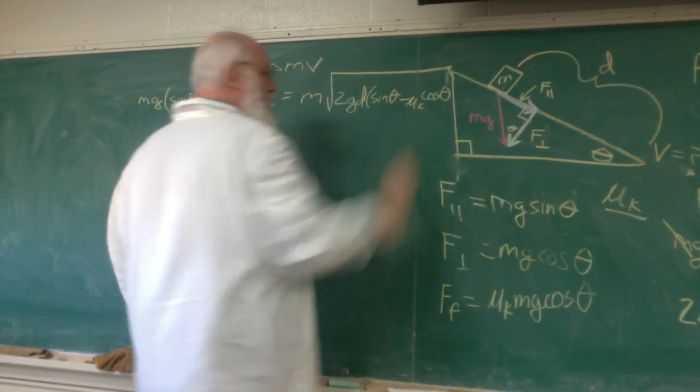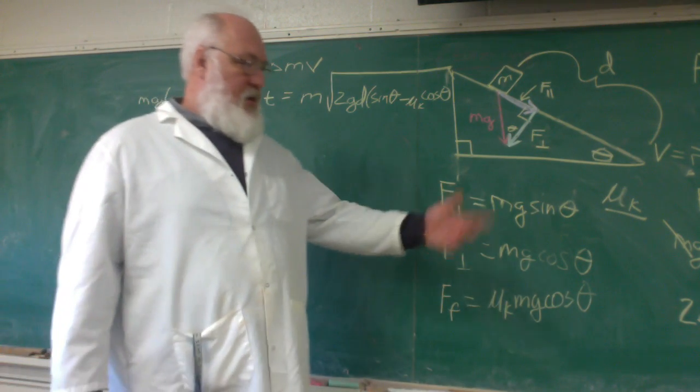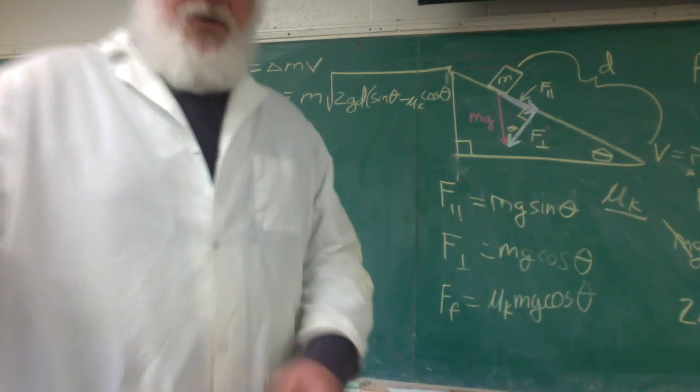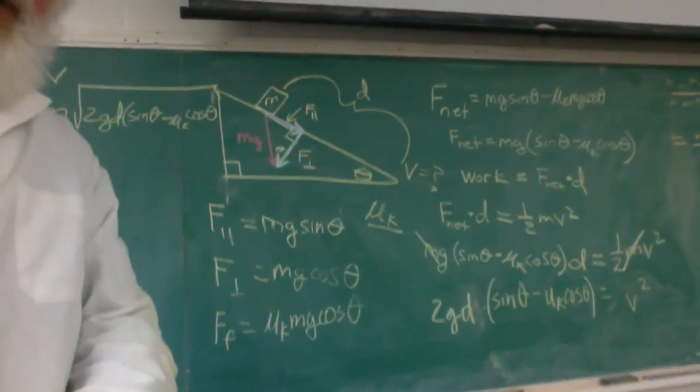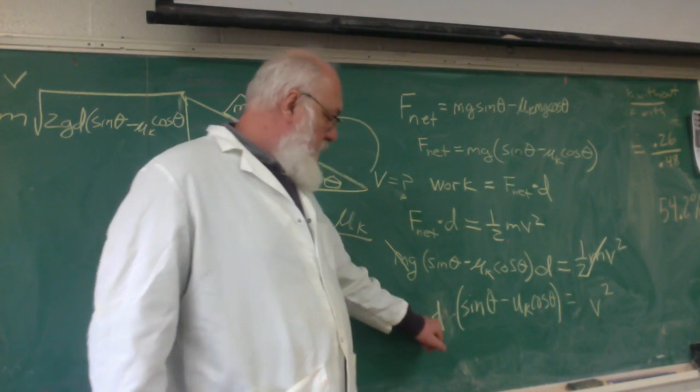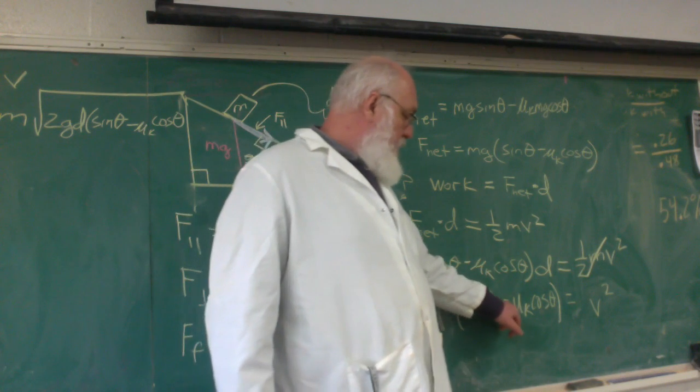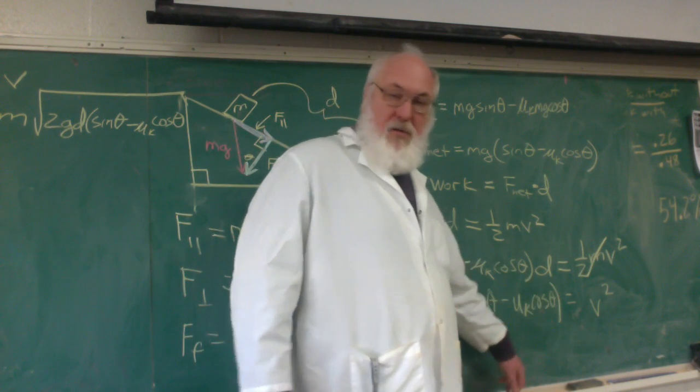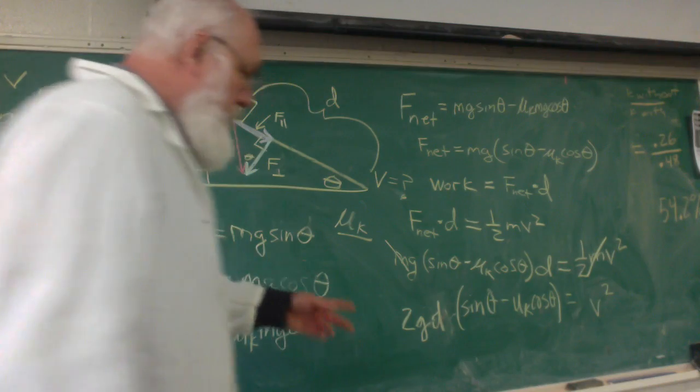We left it in the first part as v squared. I'll show it to you here. You can see what we did in the first part: v squared is equal to 2gd, parentheses, sine theta minus uk cosine theta, close parentheses. But I'm solving for v there, so I can plug it into this formula.